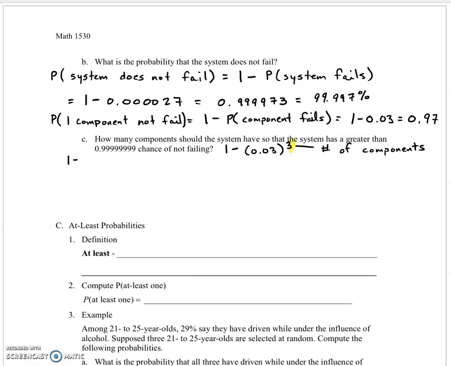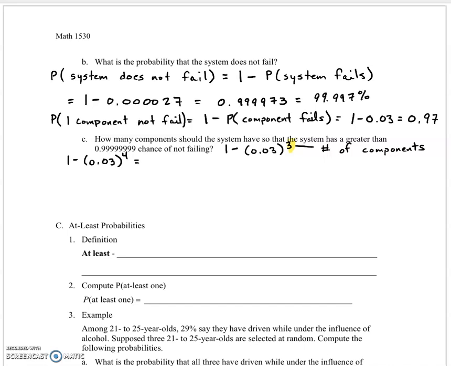So let's calculate if we have 4 components. If we have 4 components, the probability that the system keeps working is 1 minus 0.03 to the fourth.